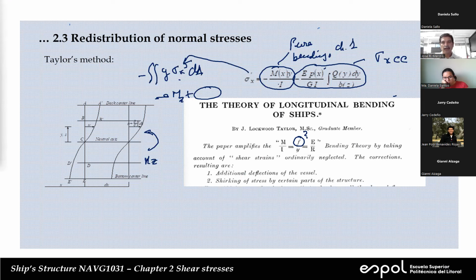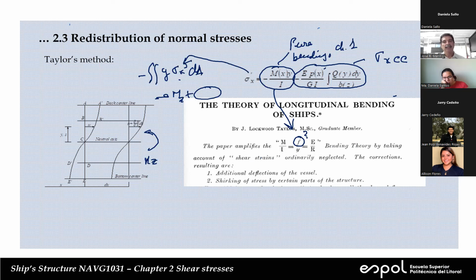You can compare this expression with this. Maybe the load, doctor? No, stress. The stress is the stress. So you put y on the other side and you get my/I. So he's saying that he's going to alter, to change this expression, which is this one here, okay?